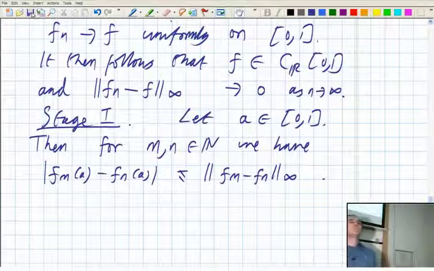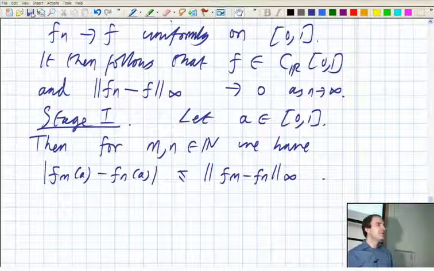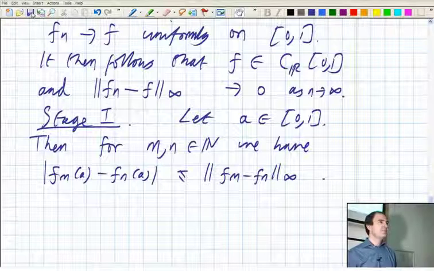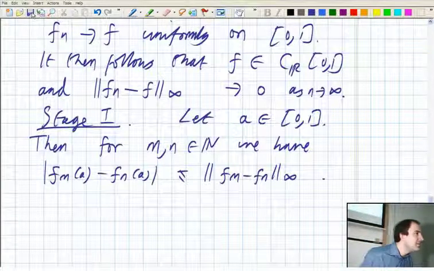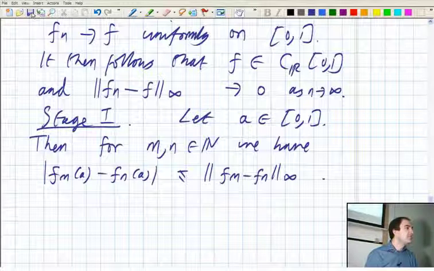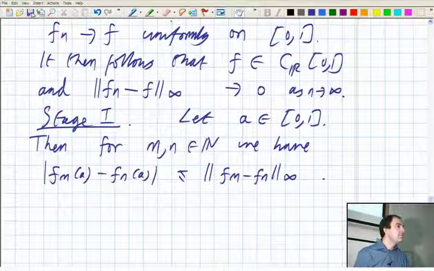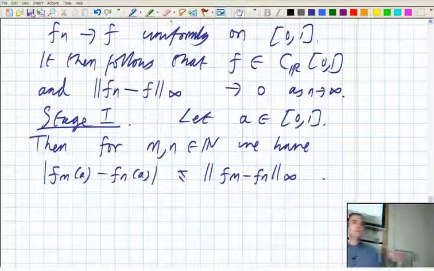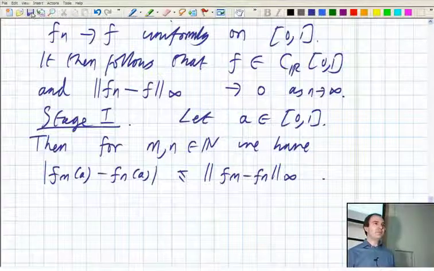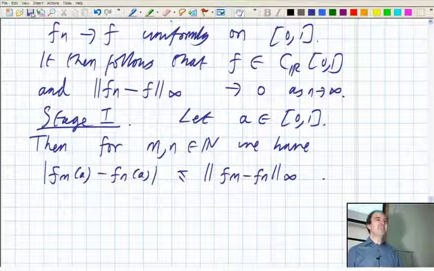What is a Cauchy sequence? Anyone remind me what a Cauchy sequence is? Okay, so the idea is that given some positive real number epsilon, if you go far enough down the sequence, there's some capital N, so that every pair of terms beyond that point is within epsilon of each other.